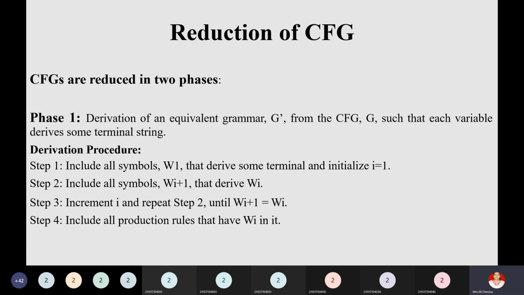If not, we can remove that variable. There are some steps. Step 1, include all symbols W1 that derive some terminals and initialize i equal to 1. Step 2, include all symbols Wi plus 1 that derive Wi. Increment i and repeat step 2. So we are going to check whether a non-terminal we have taken is able to derive a string or not. Include all production rules that have Wi in it.